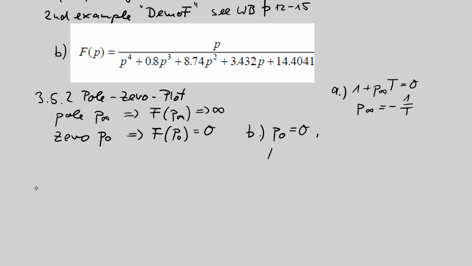So the result will be the following: there must be 4 poles, because a polynomial function of degree 4 has 4 zeros. And I give you the results.